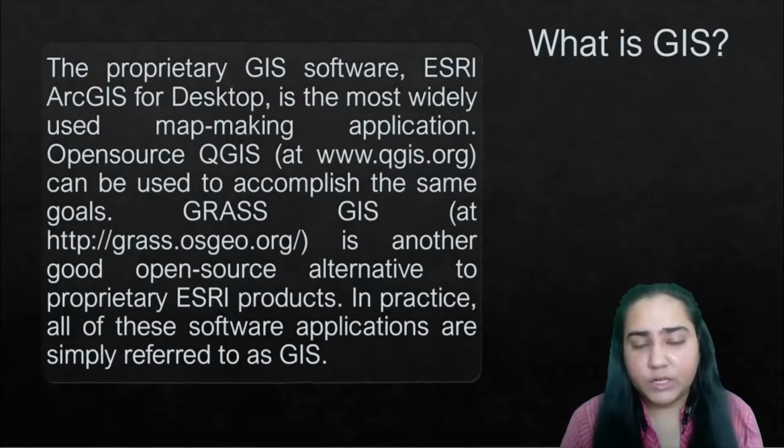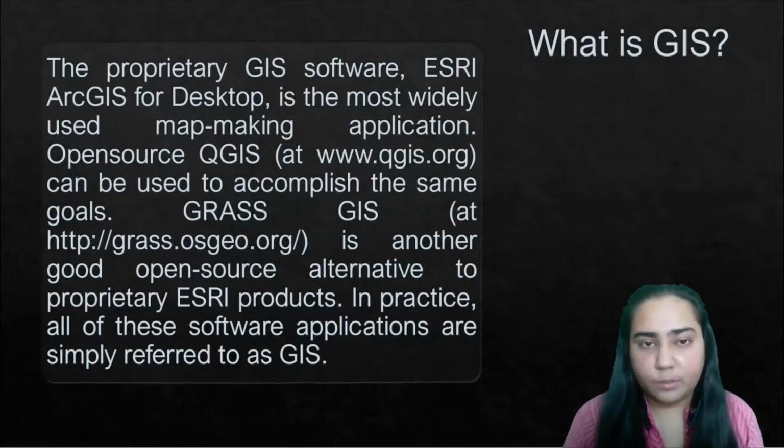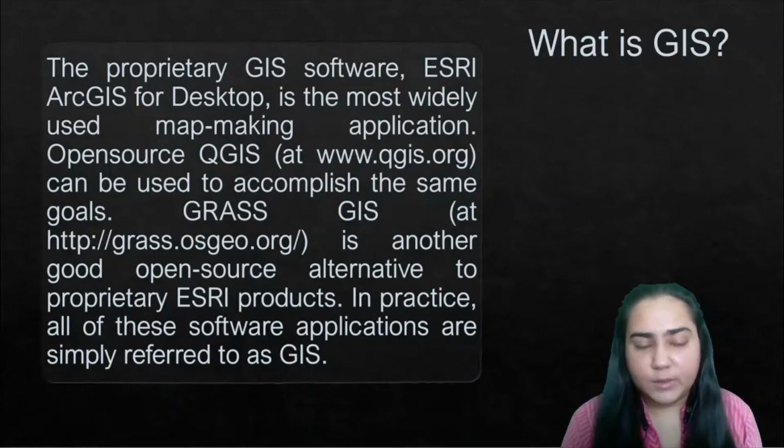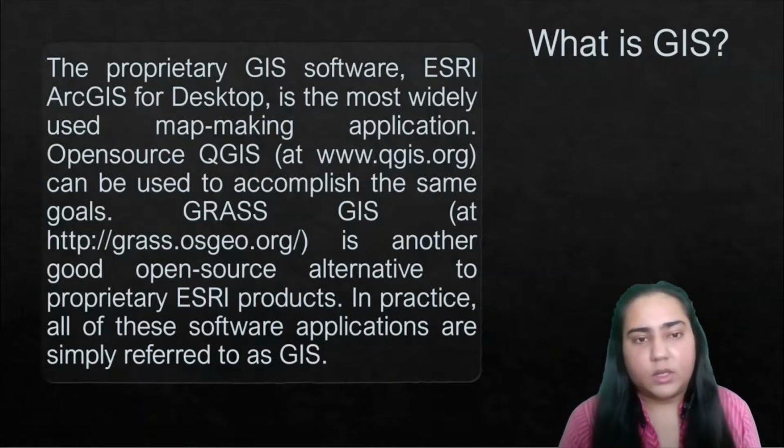Now, the proprietary GIS software available is ESRI ArcGIS for desktop. It's the most widely used map making application. But other than that, there's also open source QGIS, which you can find at www.qgis.org if you want to download it and use it for yourself. It accomplishes the same task as the ArcGIS desktop version, so you can make maps with either of those versions.